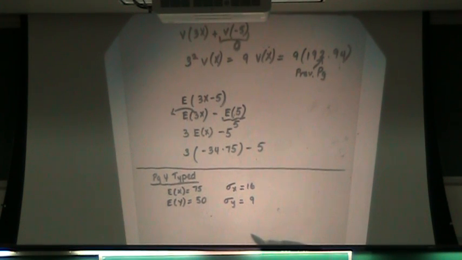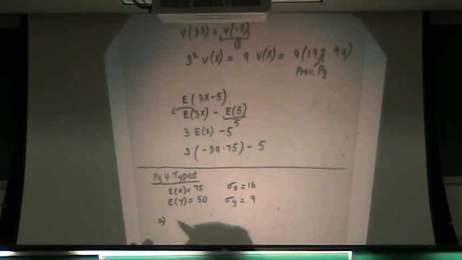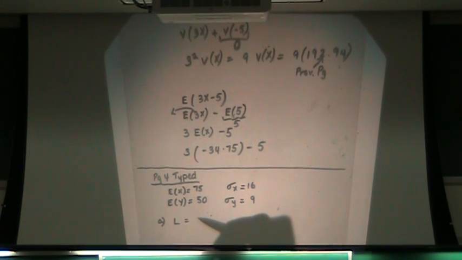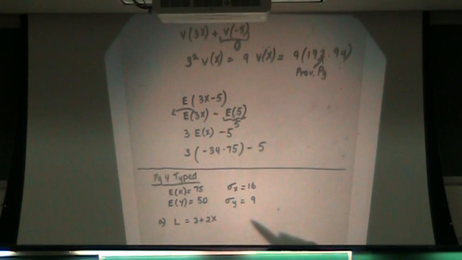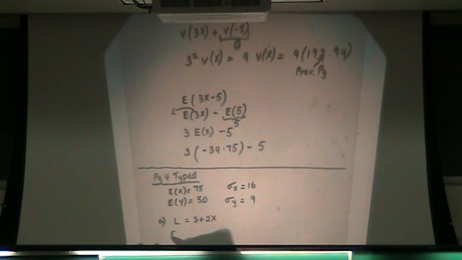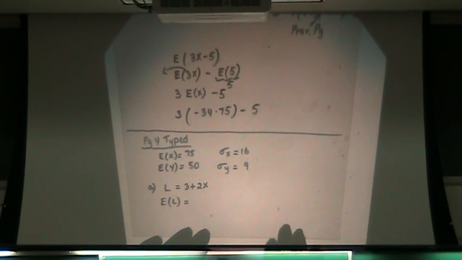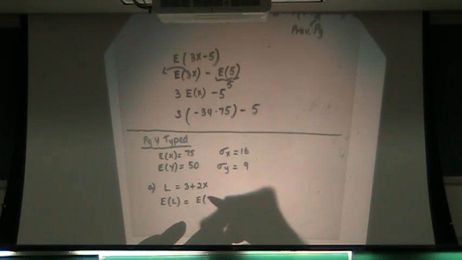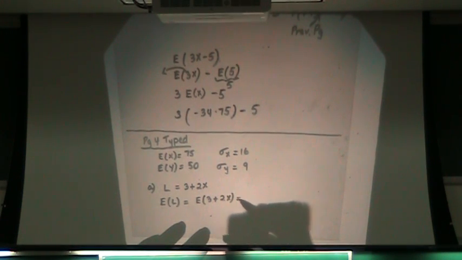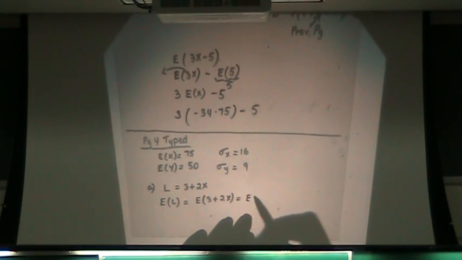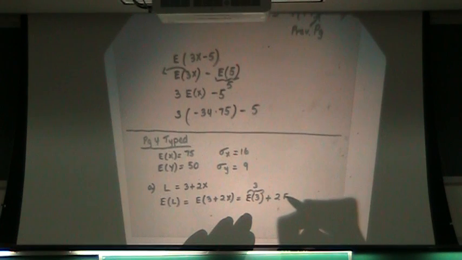Follow what I'm saying? Okay, the first question says, let L be a linear function of x, let L be 3 plus 2x. Find the mean, variance, and standard deviation of L. Mean of L is E of L. That is E of 3 plus 2x, which is E of 3, which is 3, plus 2 E of x.